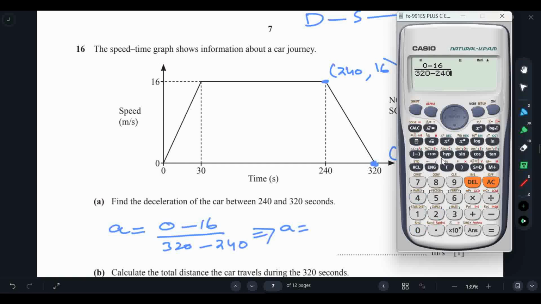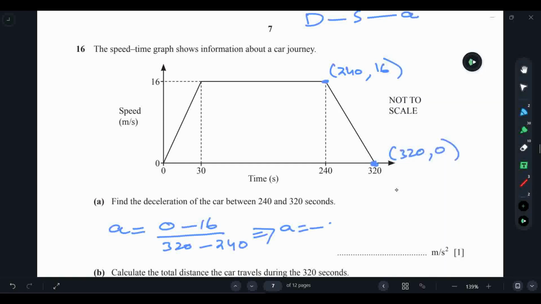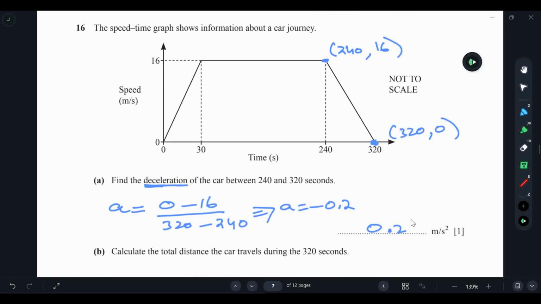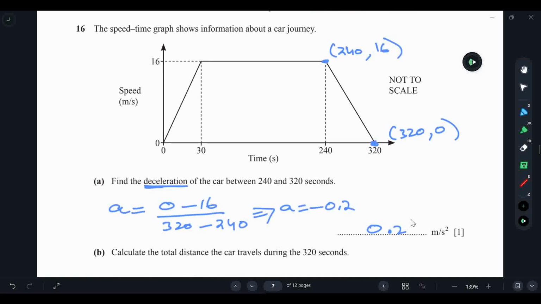So the answer will be minus 1 by 5, or we can write minus 0.2. Now they say find the deceleration. For deceleration, we don't need to write the negative sign, because deceleration is equal to 0.2. The word deceleration will always automatically represent the negative sign.